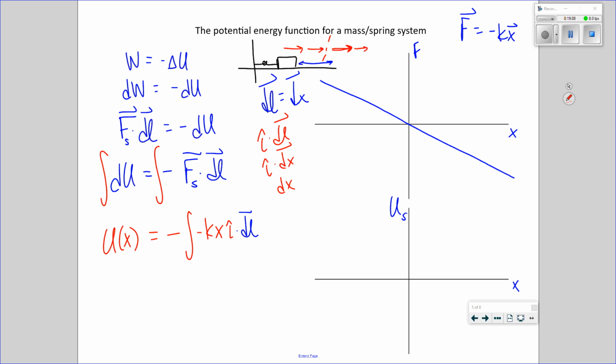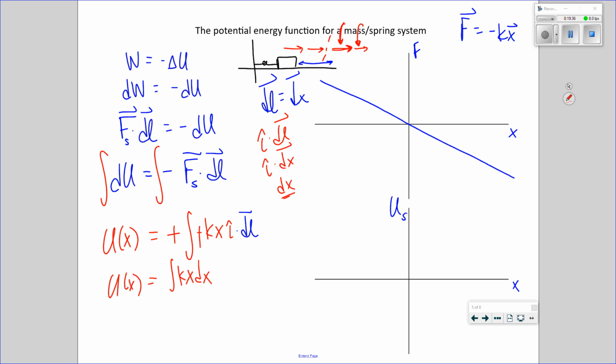We're saying what's the magnitude of that times the magnitude of that times the cosine of the angle between them? Well, it's a tiny little dx scalar. The result of a dot product or scalar product is a scalar. So this really simplifies to U of x is, well, let's do that. We're really doing kx dx.